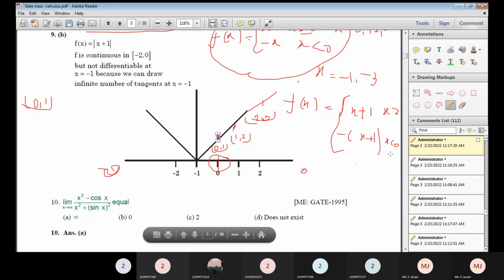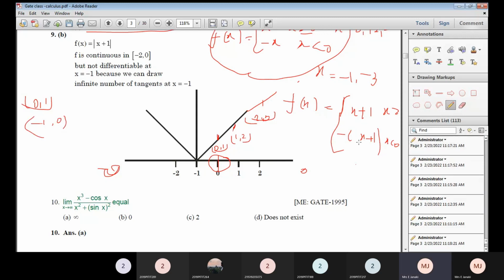Next, if x is less than 0, the nearest point to 0, put x equal to minus 1. Substituting x equal to minus 1 here, minus 1 plus 1 becomes 0. So x is equal to minus 1, and your y value is 0.